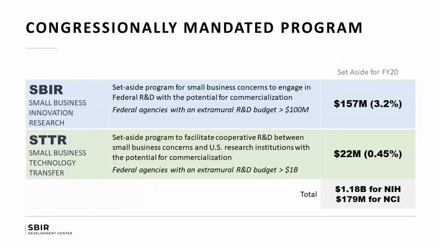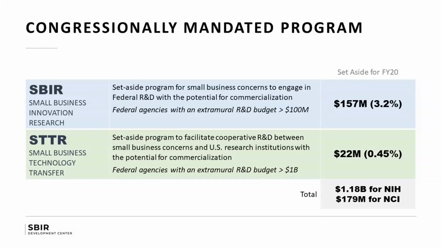Next slide, please. So SBIR is what we call a government set-aside program. What that means is that Congress sets aside a certain percentage of the NCI and the NIH budget that's required to go to both the Small Business Innovation Research Program, the larger program, and the Small Business Technology Transfer Program, STTR.